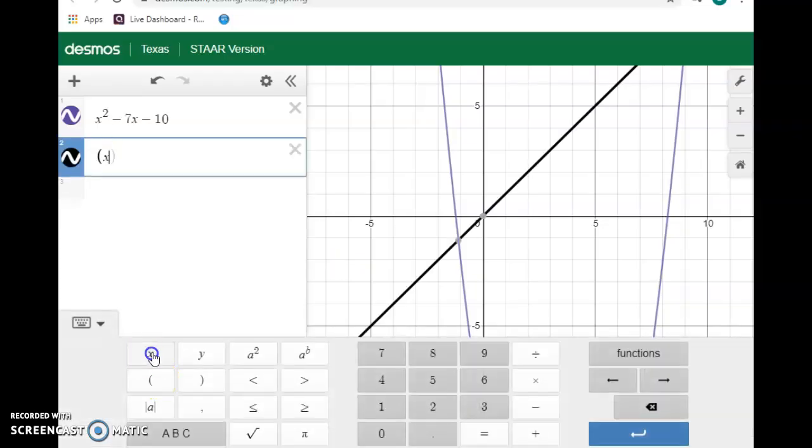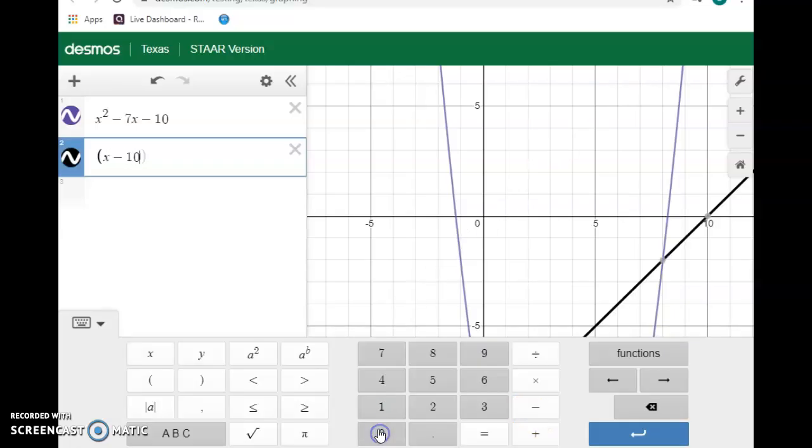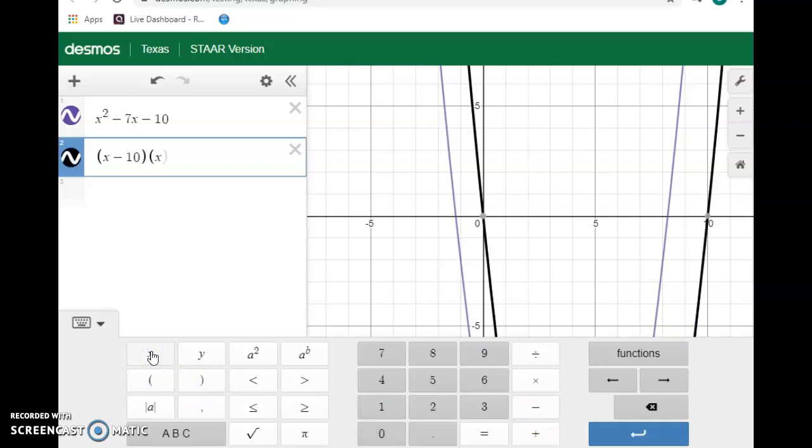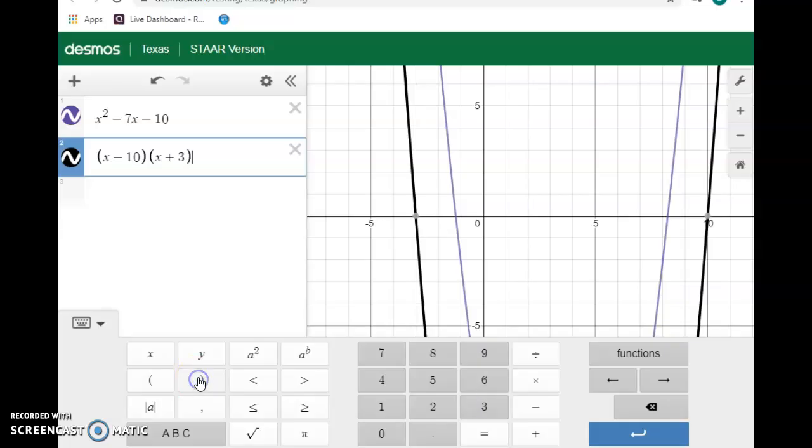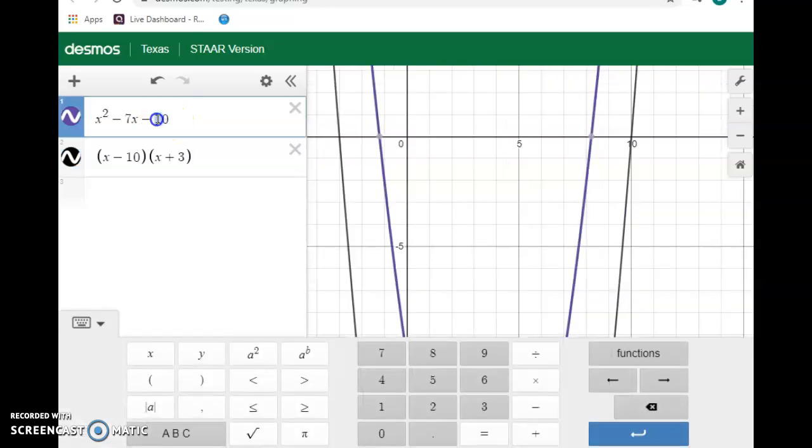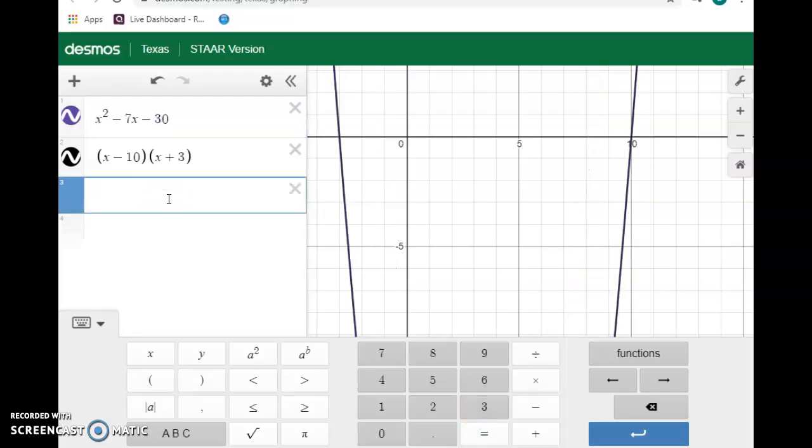So then parentheses x minus 10 and parentheses x plus 3. Did I type something wrong? Oh yeah, this is supposed to be 30. I messed up. All right, so when I have both of them, this is my purple one. Look at the graph. This is my black one. They're the same. That's how I know that that's the answer. Okay, that's how you check it in Desmos.